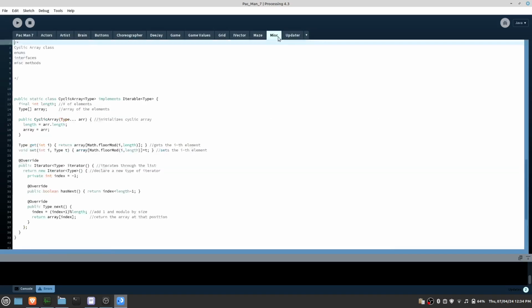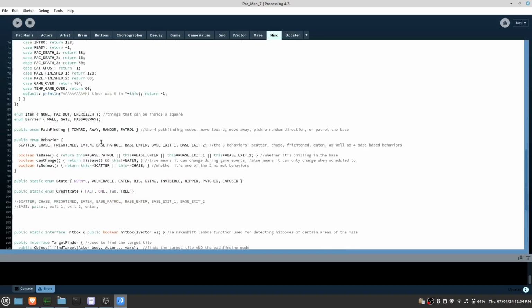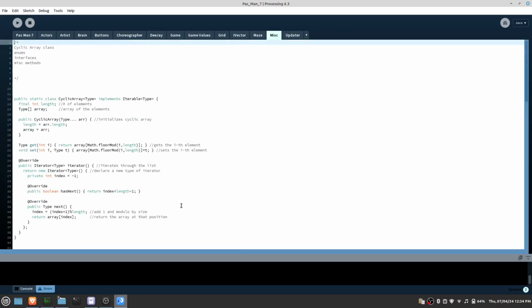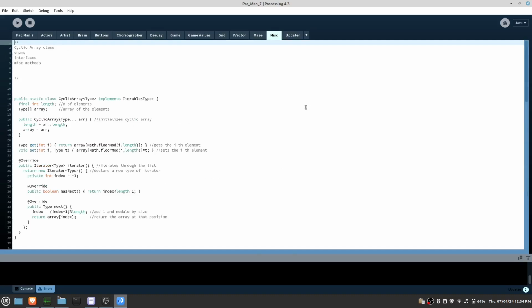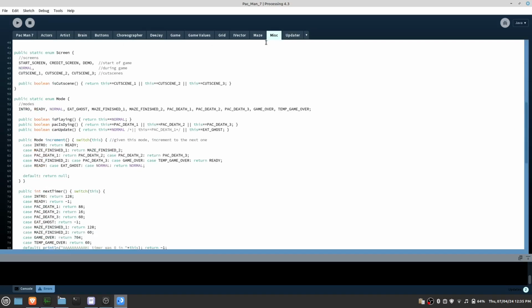Miscellaneous. I think this is just where I put a bunch of enums, because the thing with Processing is it's written as if everything you write is a member of the PApplet class. So the tabs, unlike usual Java programming where each tab is its own dedicated class, interface, or enumerated type, are just for organization.